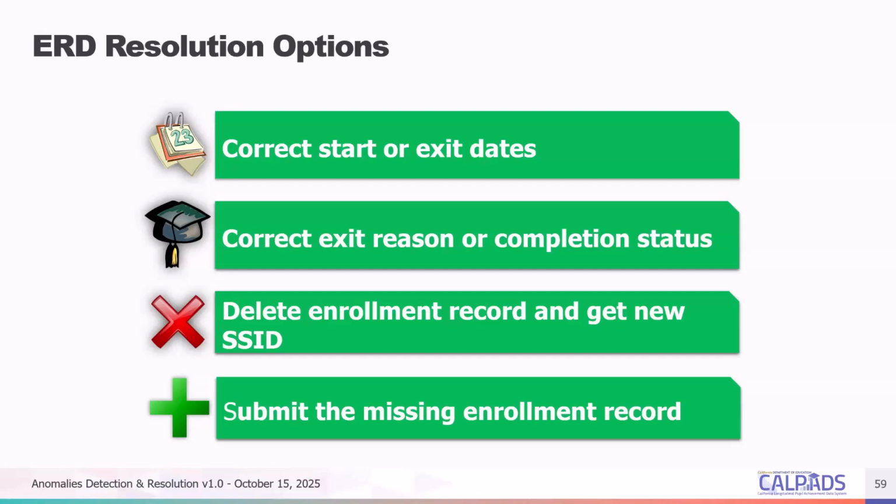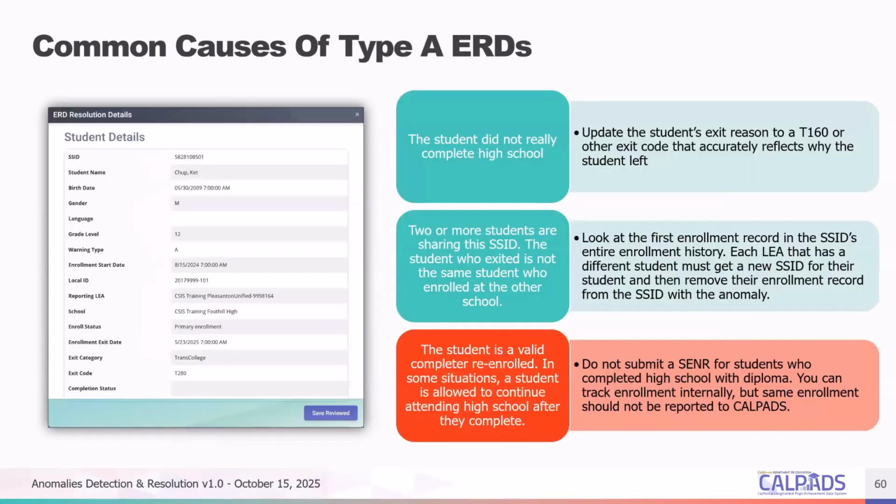So you could probably just remove your enrollments. You probably hijacked an SSID, so you have to remove all of your data and acquire a new SSID. Then, of course, if there is a missing expected enrollment, you just have to submit the enrollment record for this subsequent enrollment that should be reported in CalPADS.